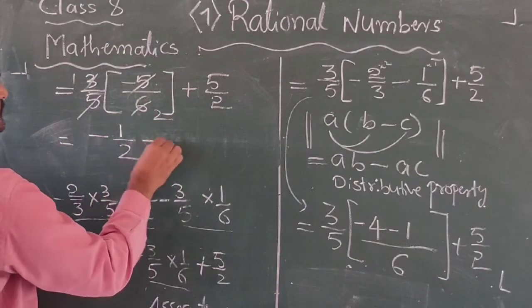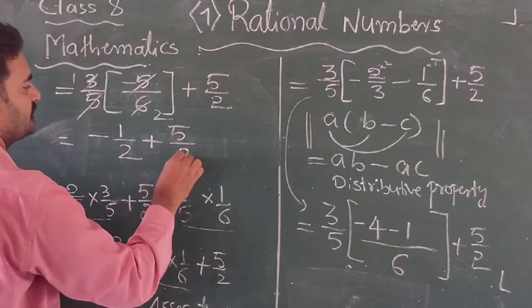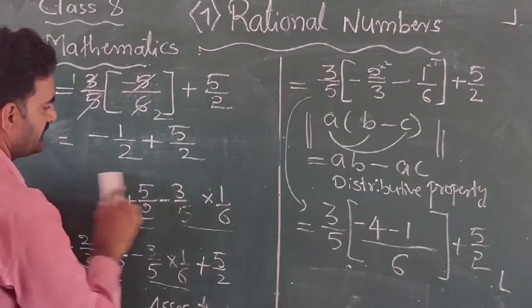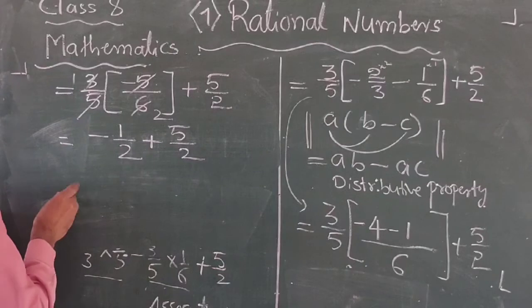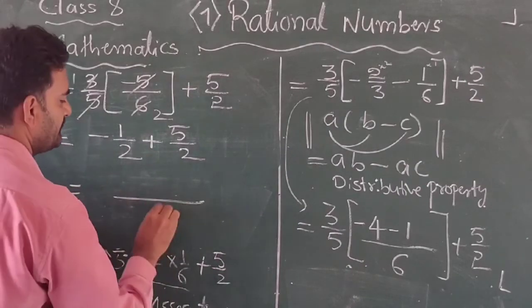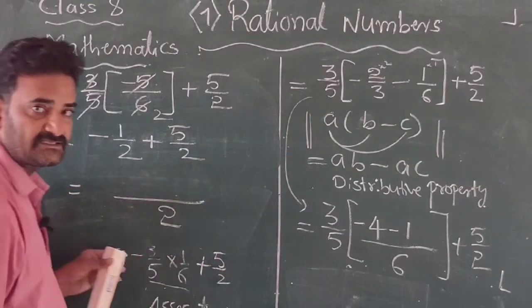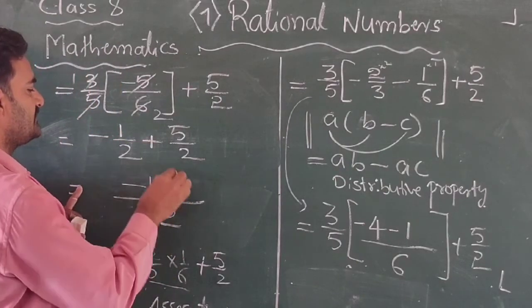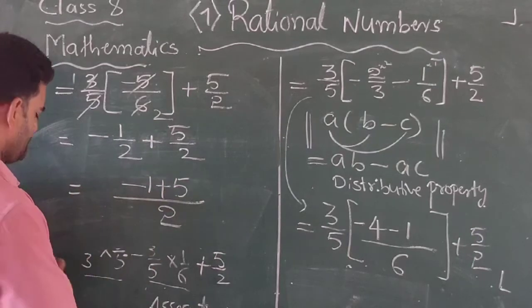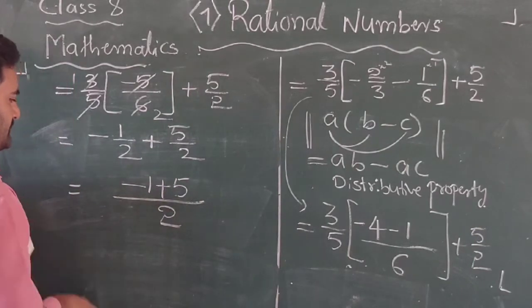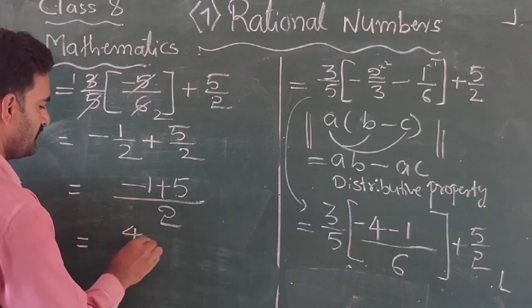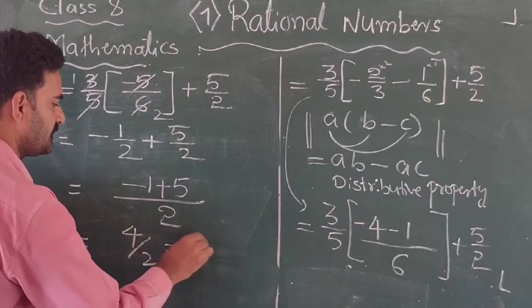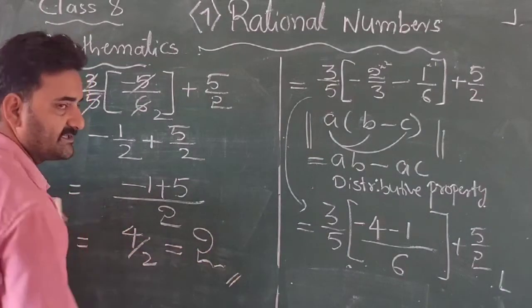Minus 1 by 2 plus 5 by 2. Now this is equal to, the LCM is 2 because both the denominators are the same number. Whatever the numerator number is there, write as it is. Next, this is equal to 4 by 2, this is equal to 2, which is the solution.